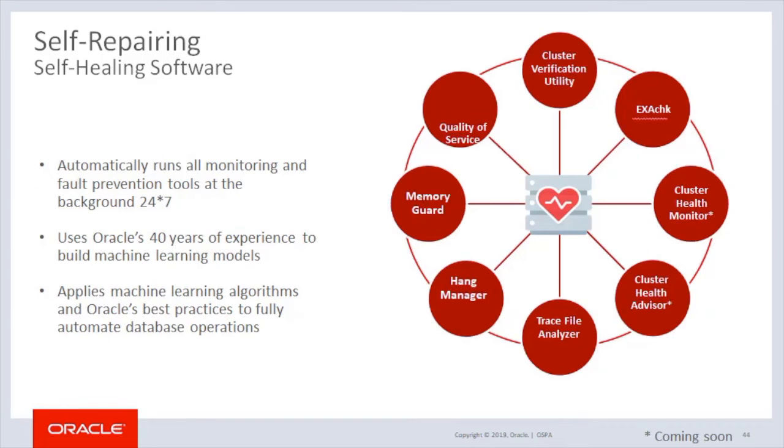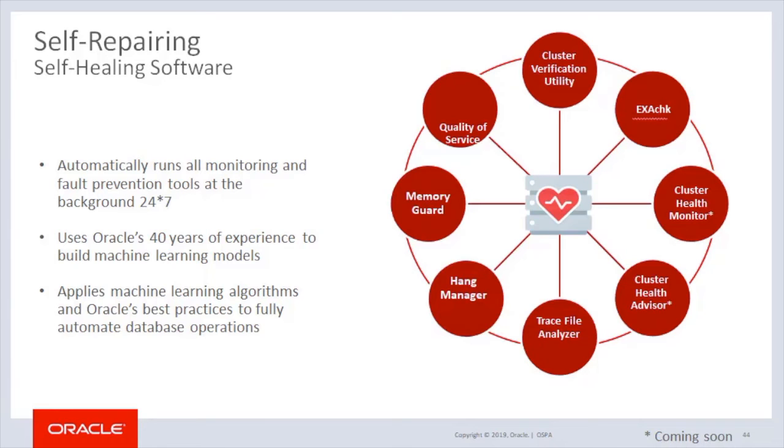The self-healing software automatically runs all monitoring and fault prevention tools in the background 24 hours a day, 7 days a week. It uses Oracle's 40 years of experience to build machine learning models to monitor the system and make sure the system is providing the maximum availability and healing.